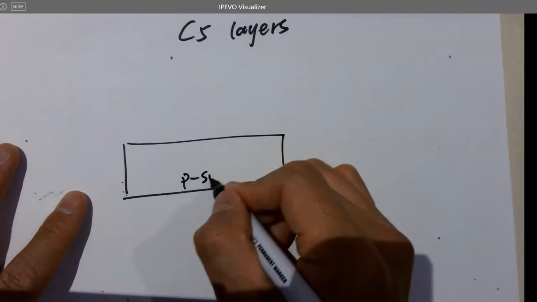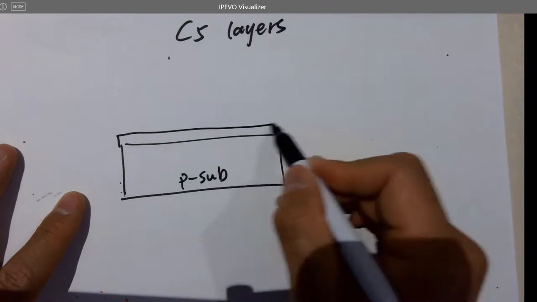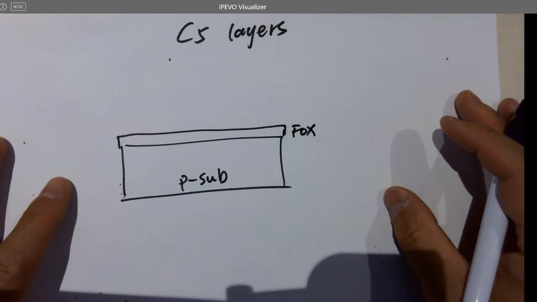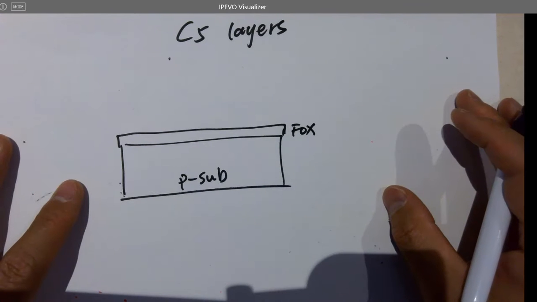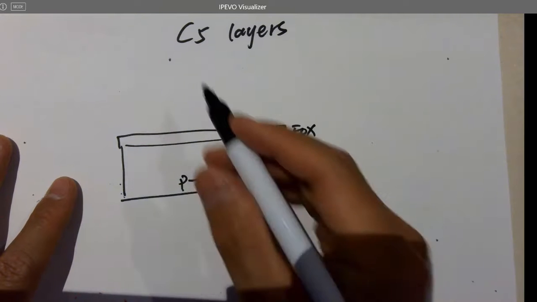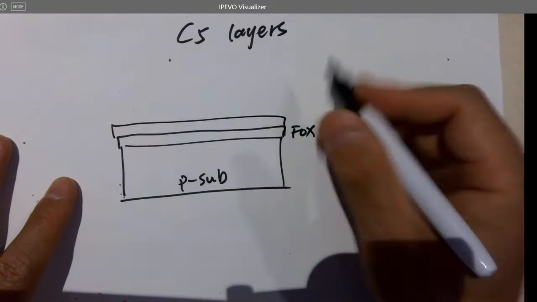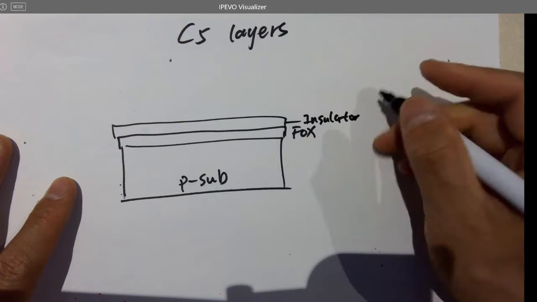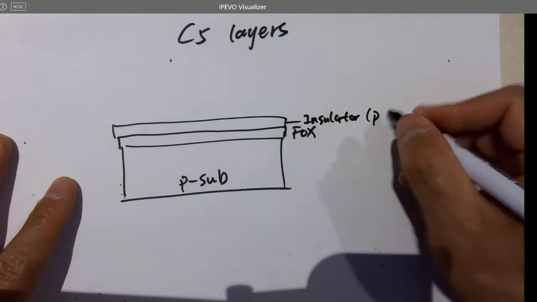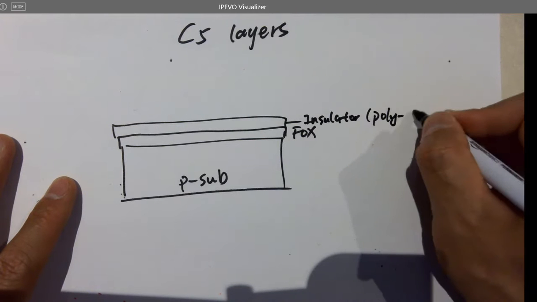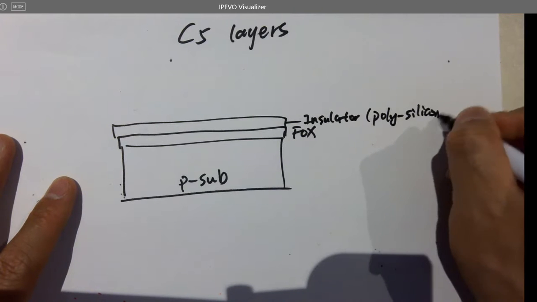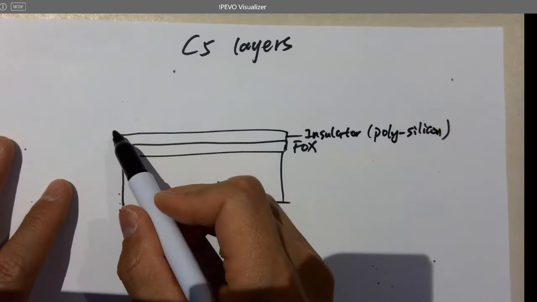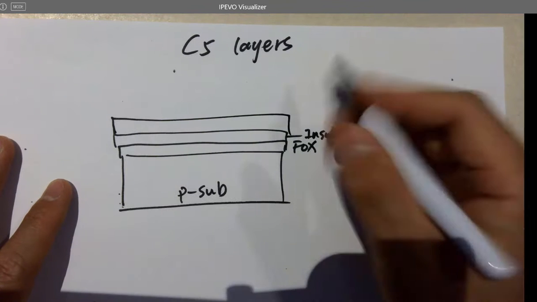That's FOX. Field oxide. Yeah, insulator 1. Which has polysilicon, the gate. And another insulator layer.